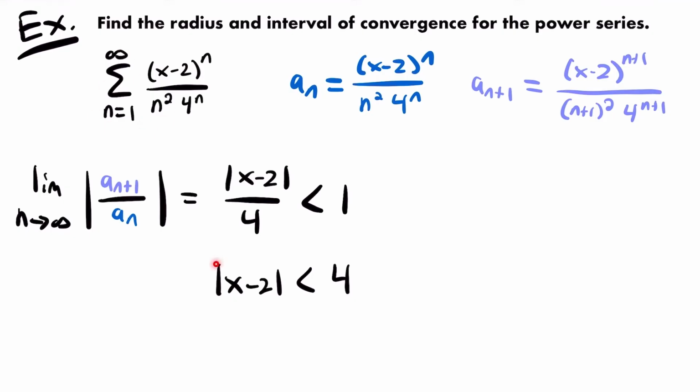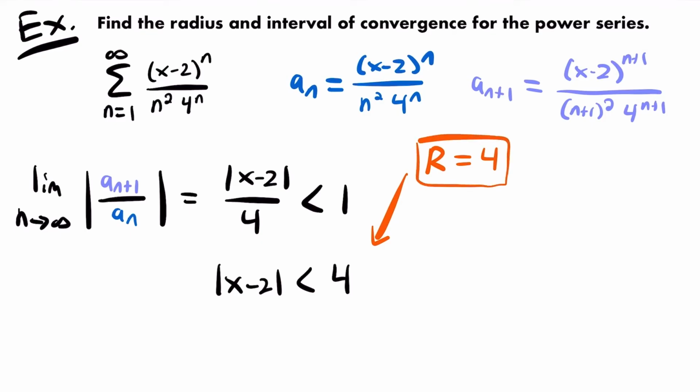The moment that you have the absolute value of the quantity involving x that is being raised to the power of n from your original power series, whatever that is less than, that is the radius of convergence for your power series, right? So we had x minus 2 to the power of n in our power series, and now we have the absolute value of x minus 2, and that's less than 4, and so 4 is going to be the radius of convergence. And so from that, we can say that capital R, the radius, is equal to 4.